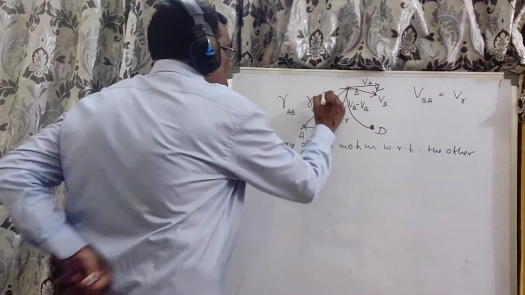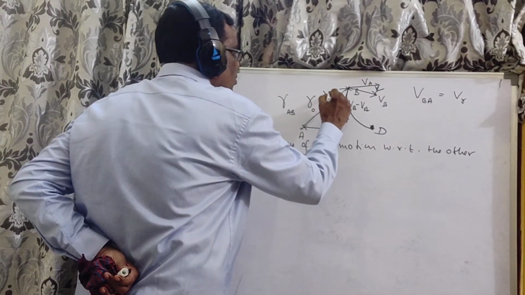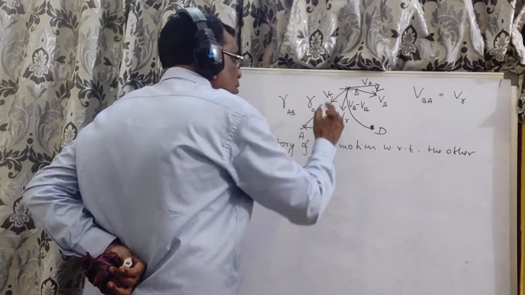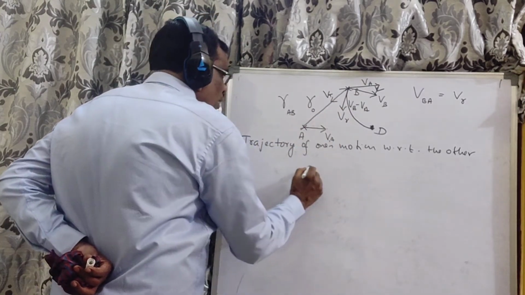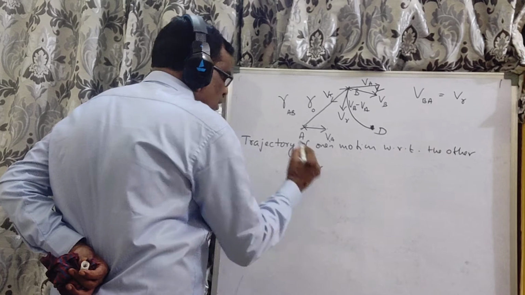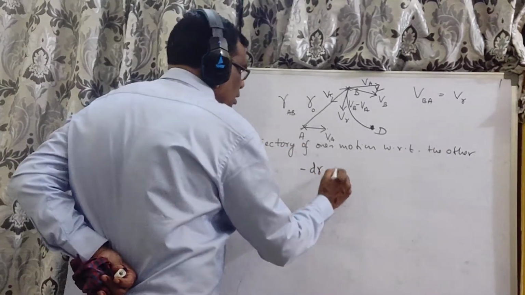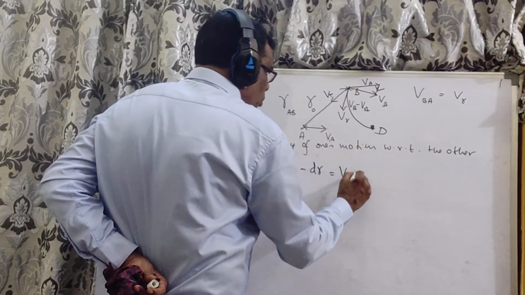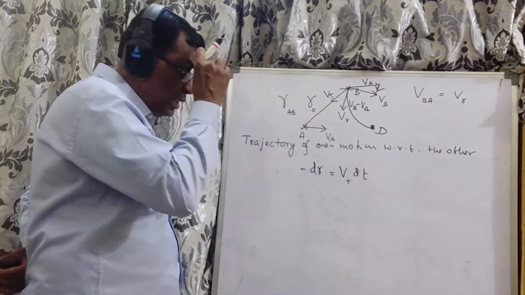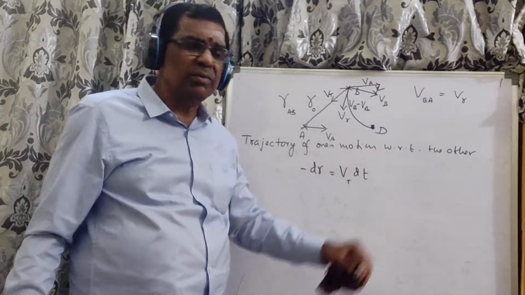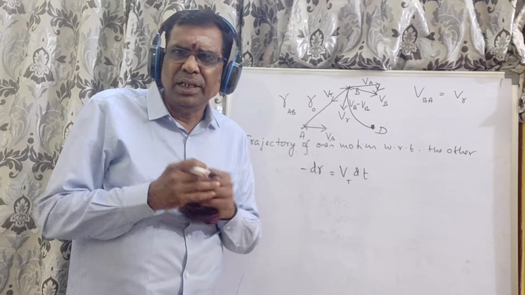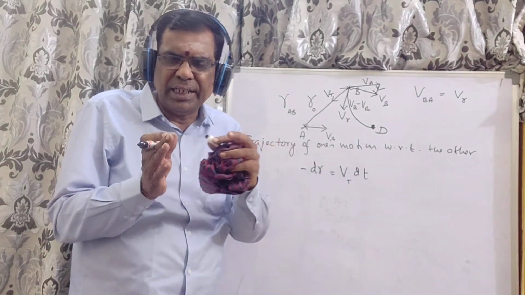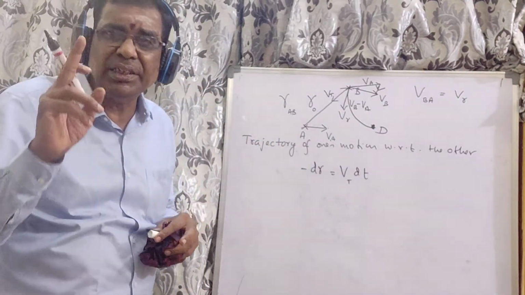So, if I call this V_T, then if the distance reduces, therefore negative sign, then in small time dt, minus dr equals V_T dt. That means every time this is getting reduced and finally becoming 0.